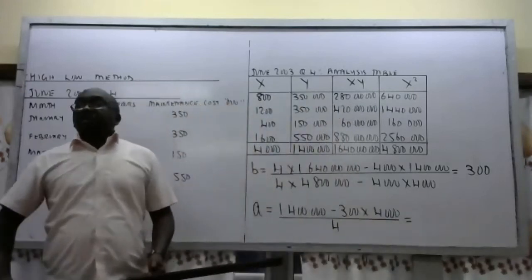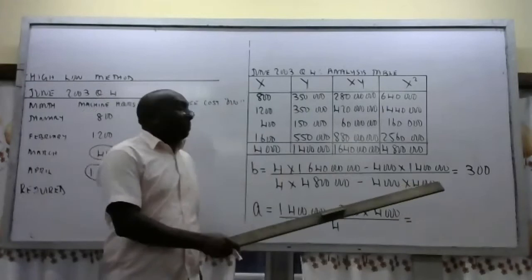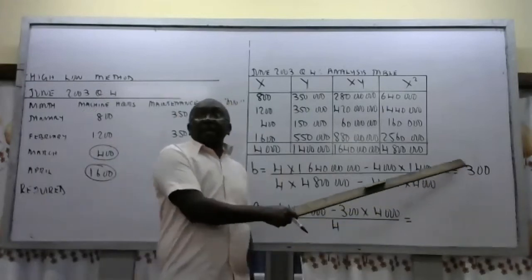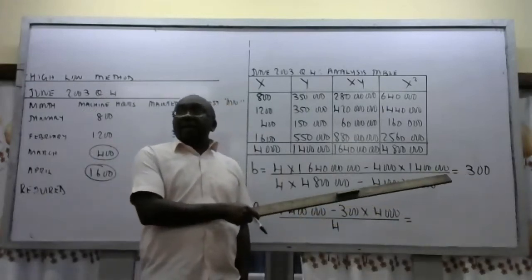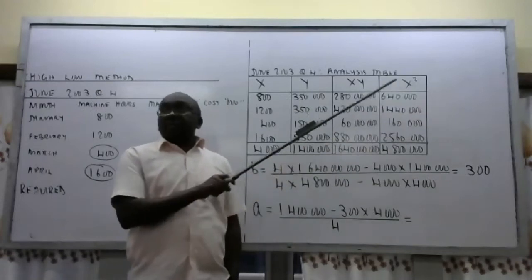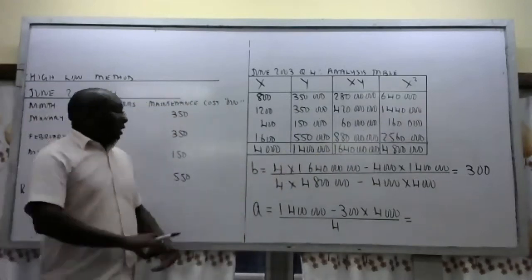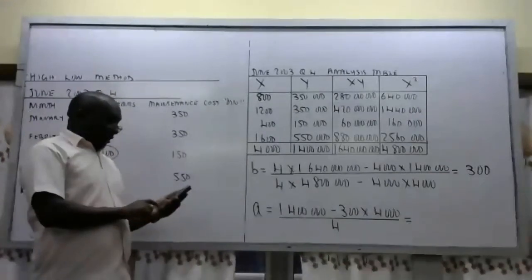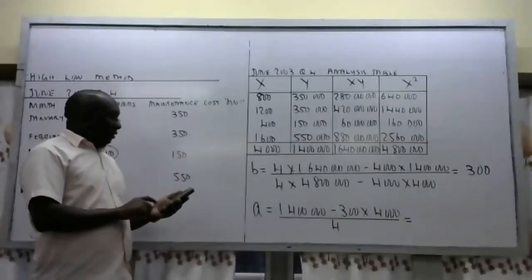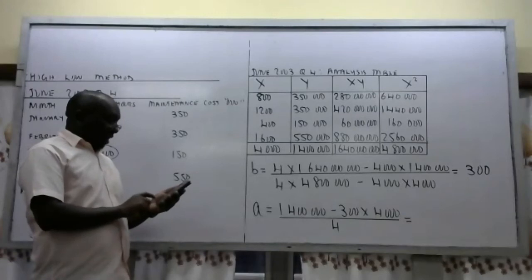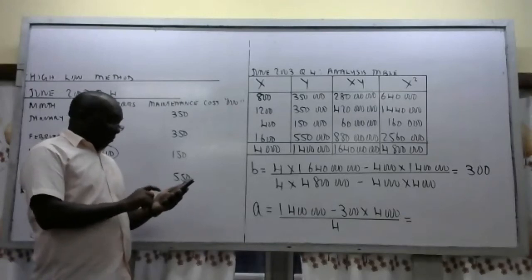And the interpretations remain. As we said here, this 300 is the variable cost per machine hour. So it still remains, just like we said. So now 300 times 4,000 equals, so 1,400,000 minus the answer divided by 4.